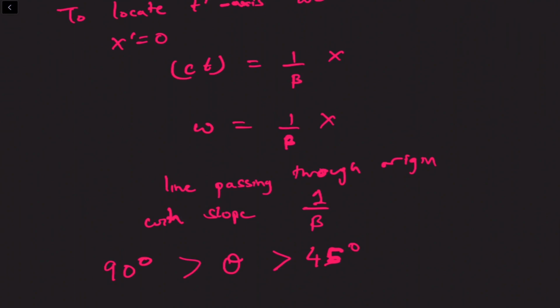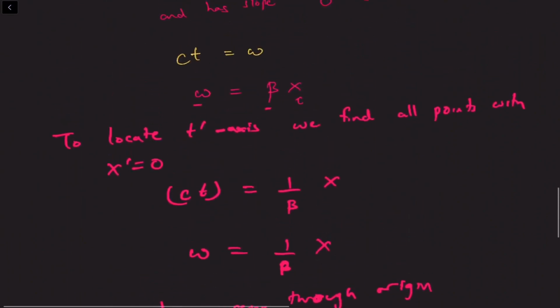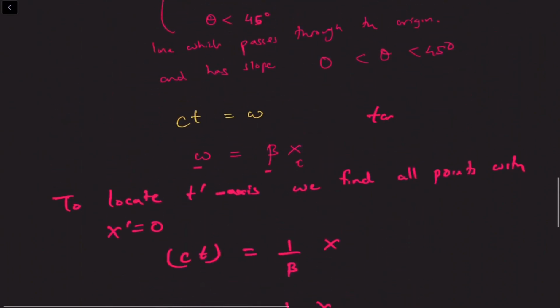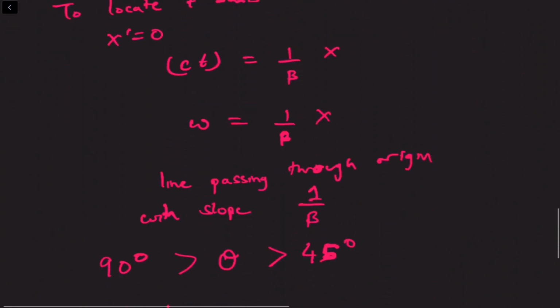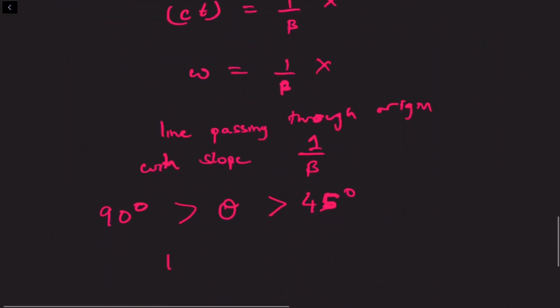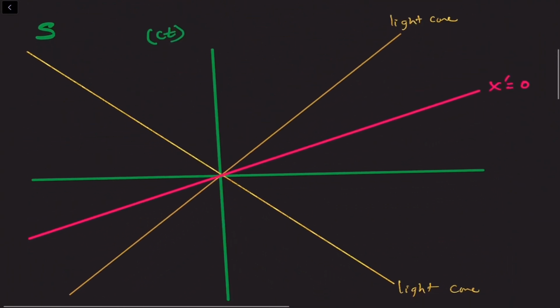Remember that in the previous case, tan theta was beta. In this case, the slope of the line for which x prime is 0 would be 1 by beta.